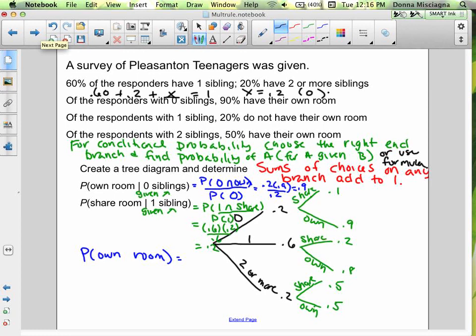That's going to be, because I thought we should do another one where we have to add some branches, the probability you have 0 siblings and your own room, plus the probability you have 1 sibling and your own room, plus the probability you have 2 or more and your own room.